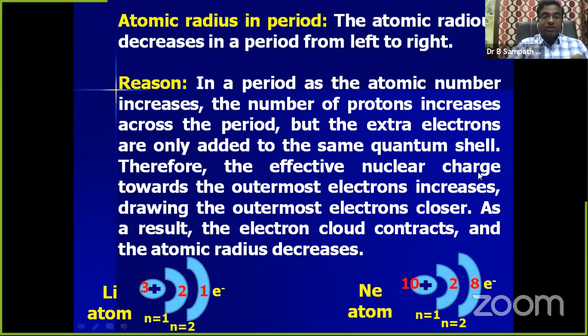Therefore, the effective nuclear charge towards the outermost electrons increases. The effective nuclear charge means here 7 extra protons. So this 7 protons attraction is called effective nuclear charge. This towards the outermost electrons increases, drawing the outermost electrons closer to the nucleus. So as a result, the electron cloud contracts and the atomic radius decreases.